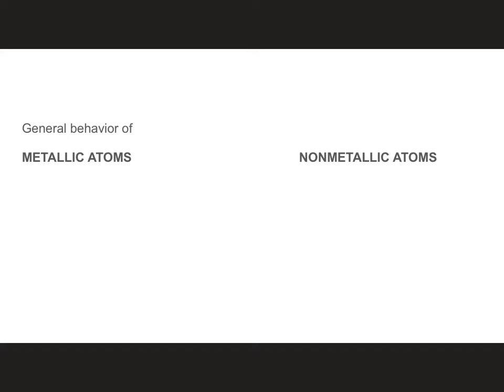We're going to draw a couple of big generalizations here that are going to be helpful to us as we make comparisons about how different atoms behave. Okay? First thing we're going to say is metallic atoms, because they tend to be the larger atoms, have lower ionization energies, okay?